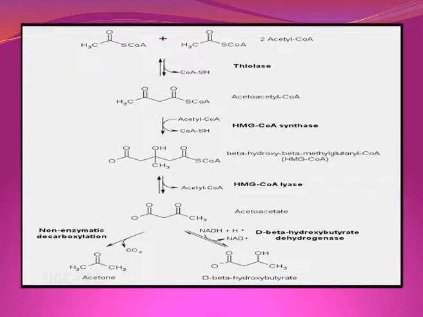In the second alternative pathway, acetoacetate may suffer a reduction at its carbon atom number 3 with the help of the enzyme beta-hydroxybutyrate dehydrogenase to form D3-hydroxybutyrate, the third ketone body in our body. So this particular slide has summed up the 4 steps of ketogenesis.